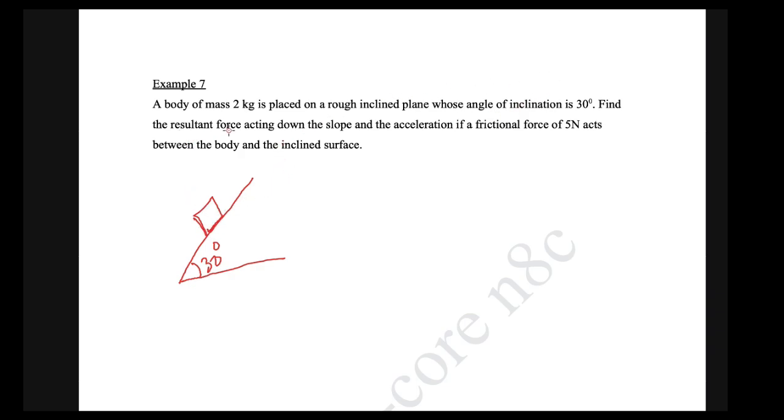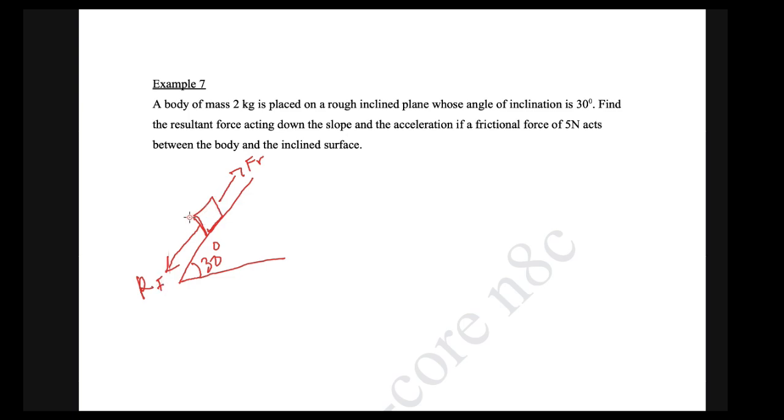Now we are to find the resultant force acting down the plane. So the direction of the resultant force is down the plane. It means that the frictional force is going to be upward because frictional force opposes the motion. So we are told that the resultant force, let's call it RF, is down the plane.